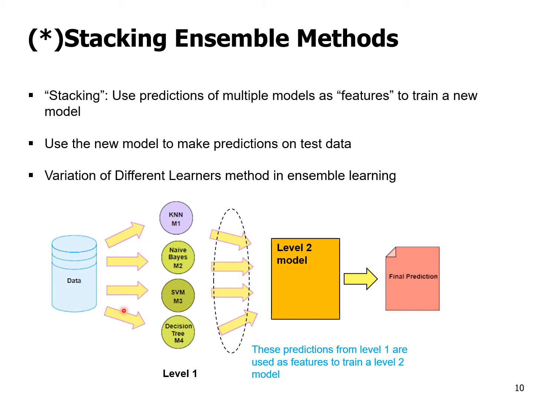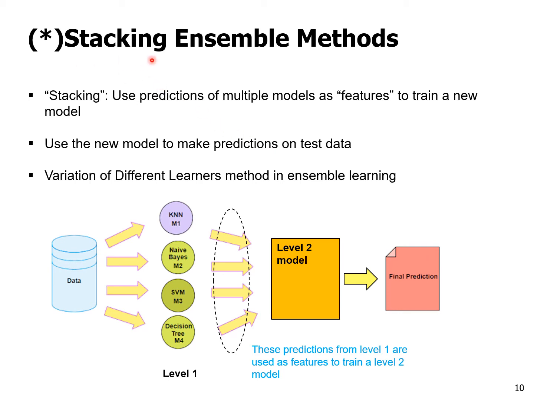In traditional ensemble with different learners, we have data and we have multiple classifiers, and each classifier makes predictions like this, okay? And then by combining these predictions, we make final predictions. That's how it works in traditional ensemble with different learners.